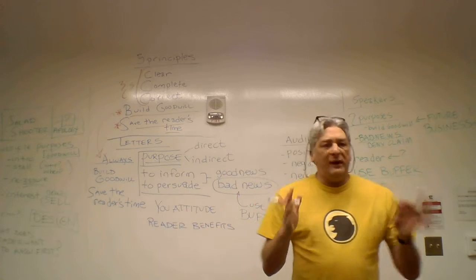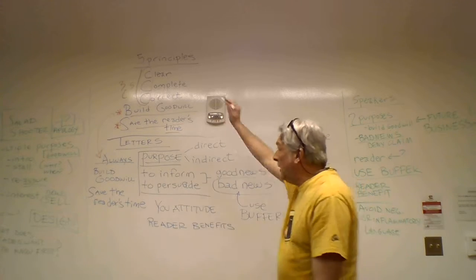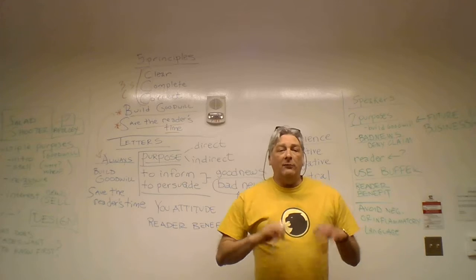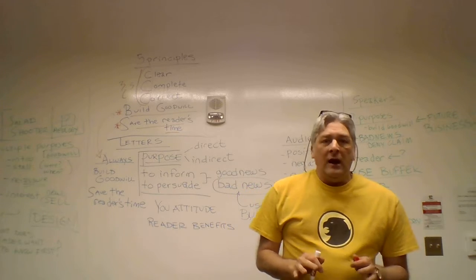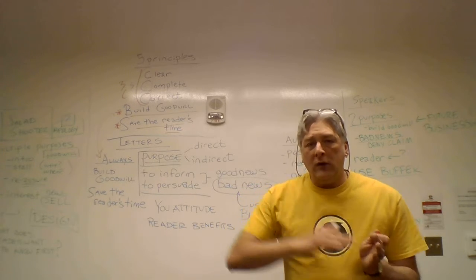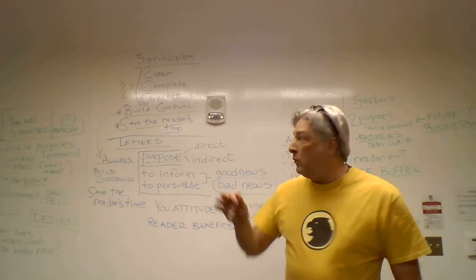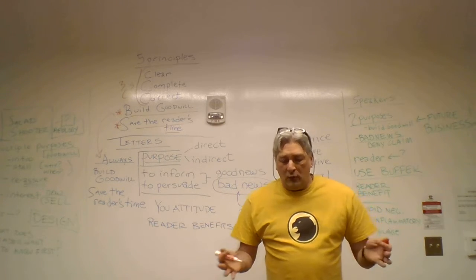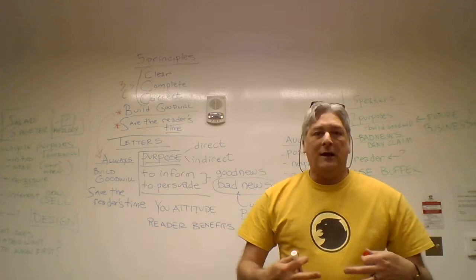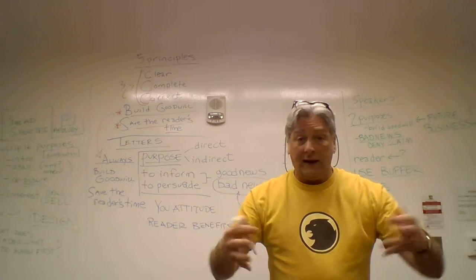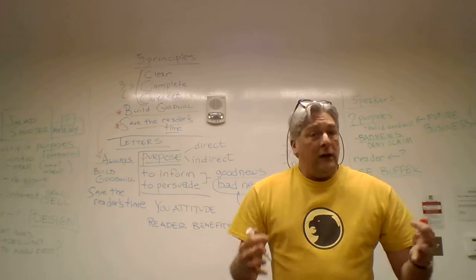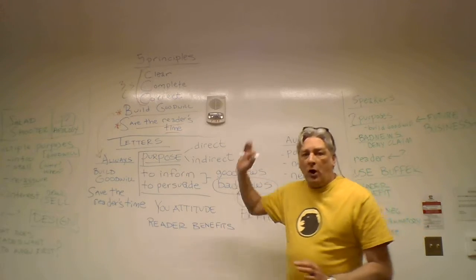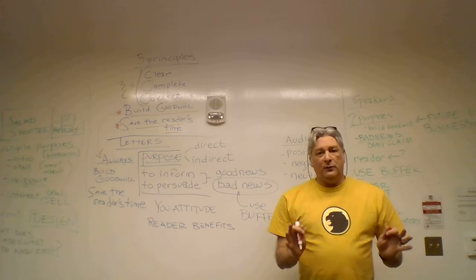But this is something to keep in mind, that these 5 principles are operating in everything that we write in the class, but particularly communications that go out of the company. We want to build goodwill with customers, and with communications even inside the company, we want to build morale and goodwill amongst fellow employees. So we're always building goodwill, and we're always thinking about the reader. We're always saving the reader's time.